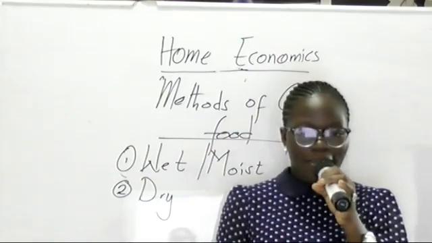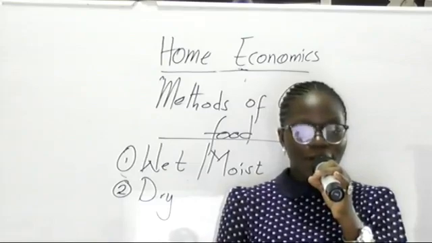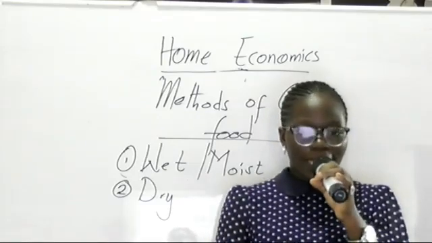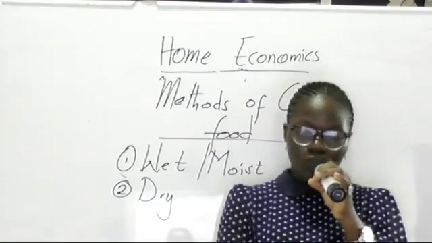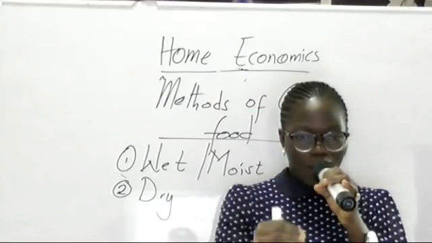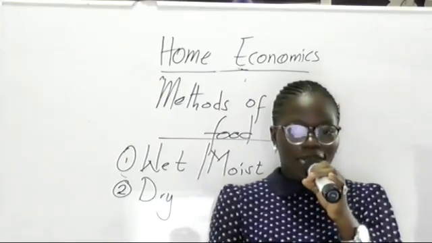So in that type of cooking, the liquid substance is being applied to the food to make the food watery or sticky. That is the wet. Even the name sounds wet. When something is wet or moist, liquid is being applied.